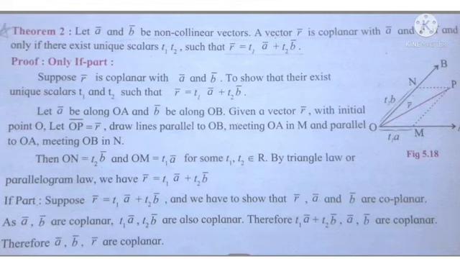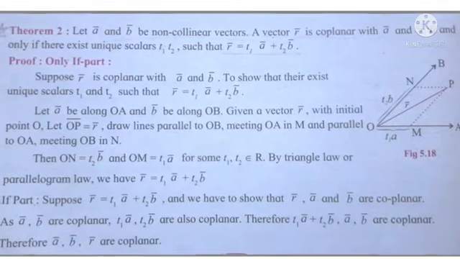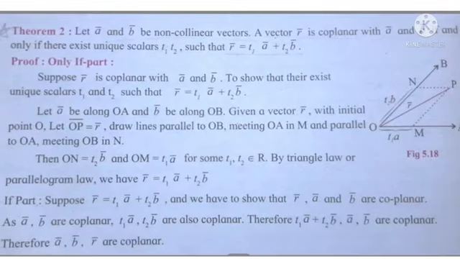Now we draw lines parallel to OA and OB. They meet at points M and N. Okay. So here we observe that OM bar is T1 A bar and ON bar is T2 B bar, where T1, T2 belong to R.